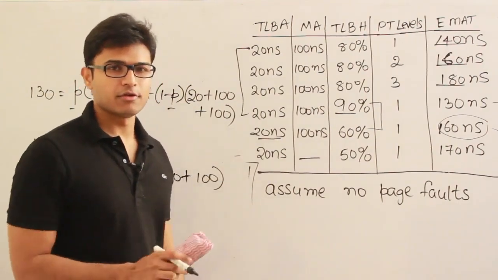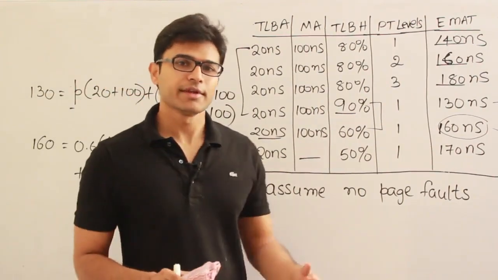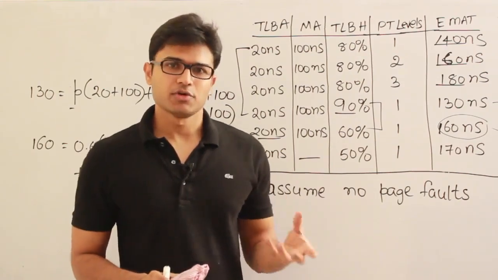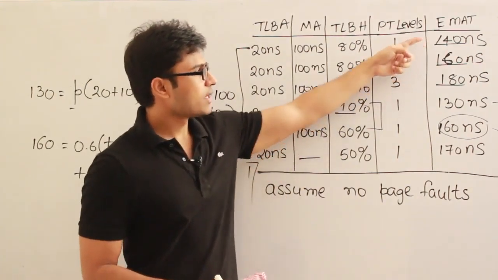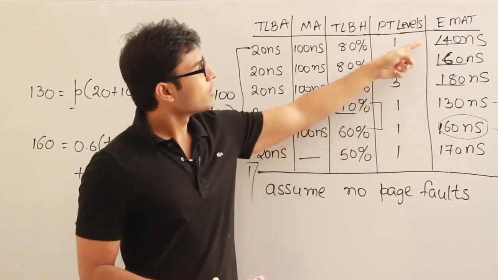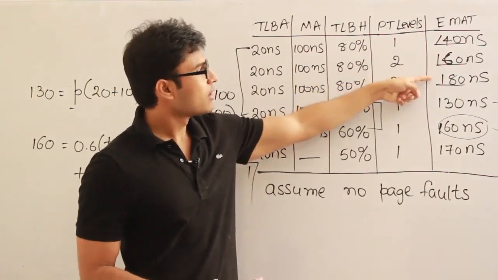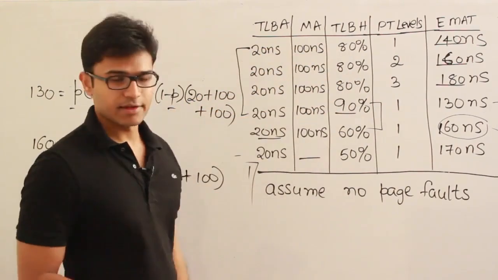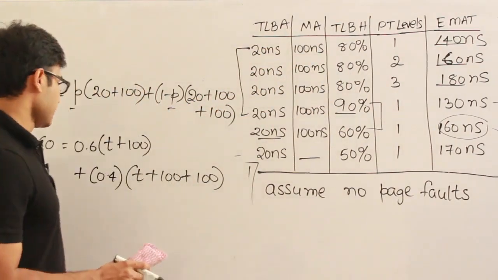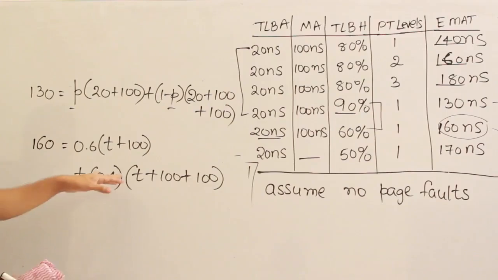That is just simply reasoning kind of questions, aptitude kind of questions, which means if the effective memory access time is increased by, let us say, some percent here, what is the change in the hit rate? Something like this. That kind of questions are possible. So now you can solve it.